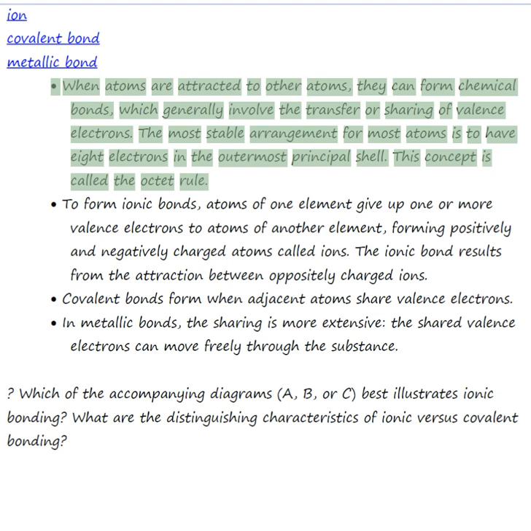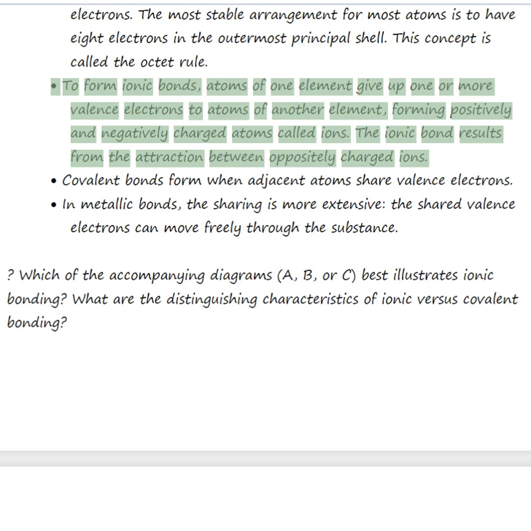The most stable arrangement for most atoms is to have 8 electrons in the outermost principal shell. This concept is called the octet rule. To form ionic bonds, atoms of one element give up one or more valence electrons to atoms of another element, forming positively and negatively charged atoms called ions.